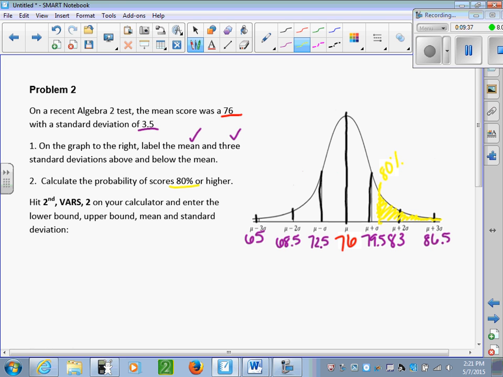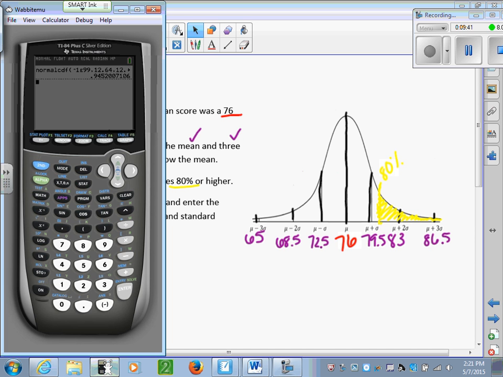So I'm going to go to my calculator, and I'm going to go to second, vars, normal CDF's number 2. Now this time, my upper bound is infinity, I'm going from 80% or higher, and my lower bound is, sorry, not 12.64.